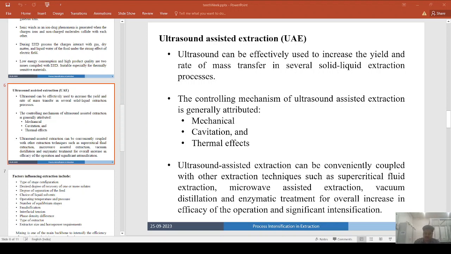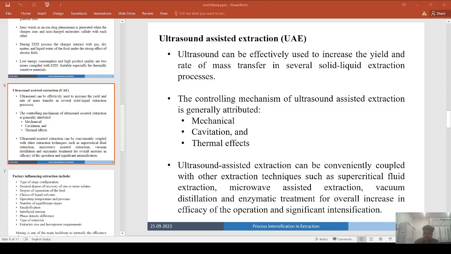Another example is the extraction of soy isoflavones from soybeans, and the equipment used was a probe type ultrasonic machine operated at 24 kilohertz. For different solvents, isoflavone yields obtained with ultrasound assisted extraction were about 10 to 15% higher than those with stirring and mixing.